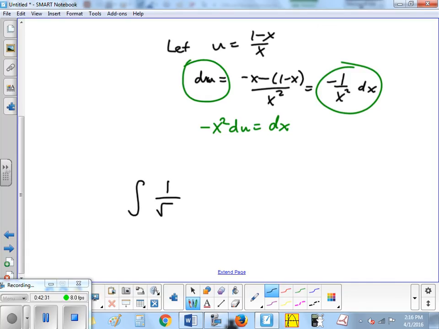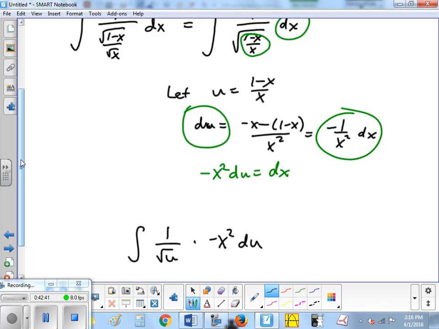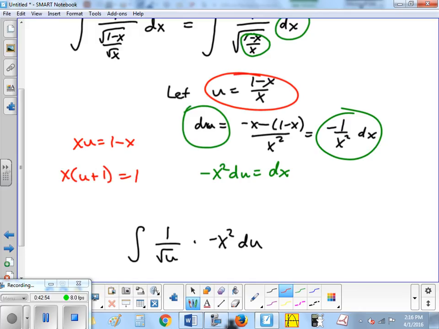So it's going to look like this. Integral 1 over rad u times negative x squared du, and x squared, if you go back up, see where it says u is equal to 1 minus x over x? I can cross multiply that and get xu equals 1 minus x. I can bring all the x's to one side and factor out an x, and I can write that x is 1 over u plus 1.